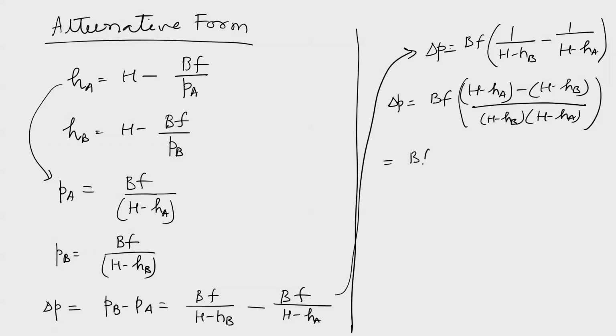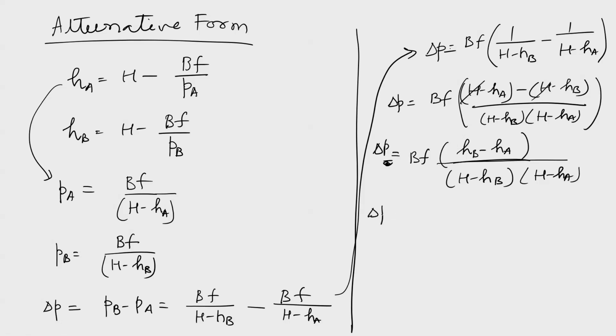again equal to B into F into, H will cancel out here, and then we have HB minus HA, then we have here in the denominator H minus HB into H minus HA.